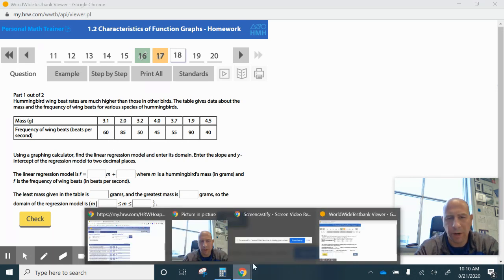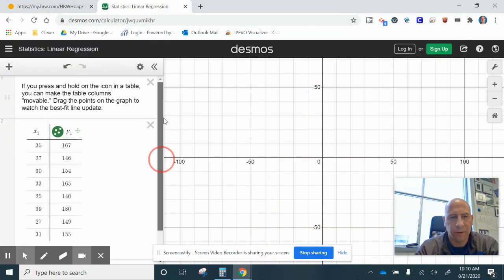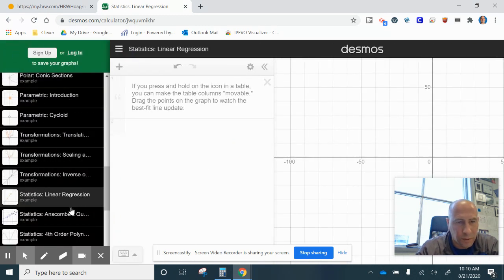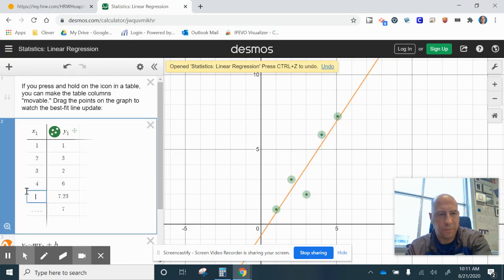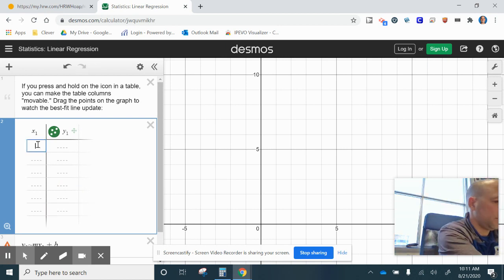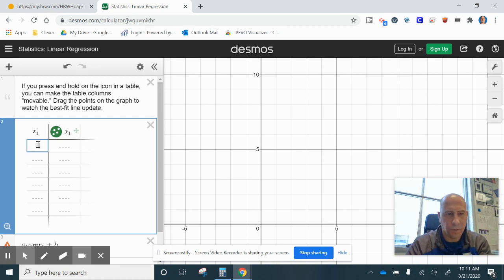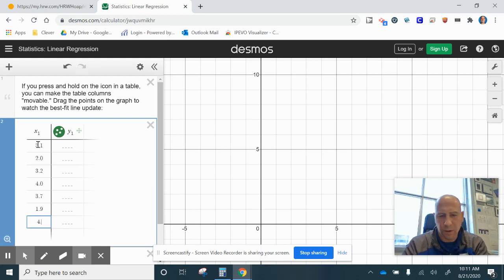Okay, so this is again where we're going to need the graphing calculator, which if I can find it, exit that, go back here to statistics, linear regression, open graph, and so table: 3.1, 2.0, 3.2, 4.0, 3.7, 1.9, and 4.5.